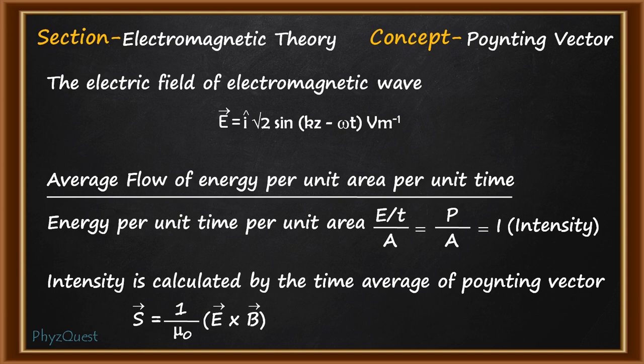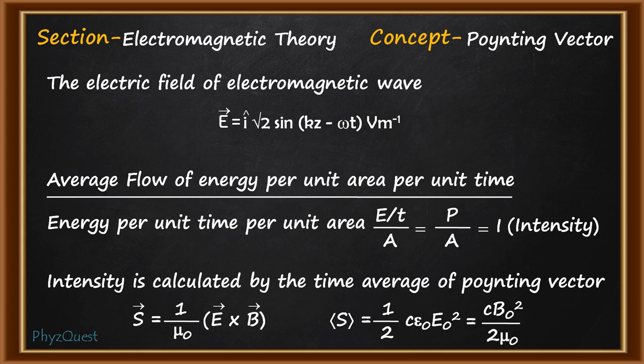So the average of the Poynting vector, average of S, is equal to 1 by 2 c epsilon 0 E0 square. Here E0 is the amplitude of the electric field, the maximum electric field strength. The same formula can be used if the magnetic field is given: it becomes c B0 square divided by 2 mu 0, where B0 is the amplitude of the magnetic field.